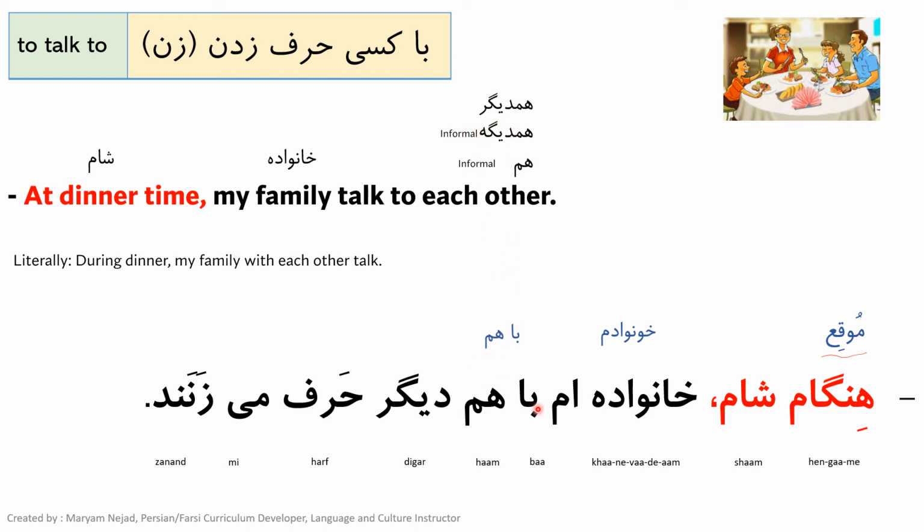So here با هم, let's say, we don't even need to say دیگه. And then میزنند becomes میزنن. We drop the dal from the ending, so میزنن. So I'm going to read the sentence one more time in the spoken language, and also I'm going to read it faster. So it's going to go as موقع شام خانواده‌ام با هم حرف میزنن.